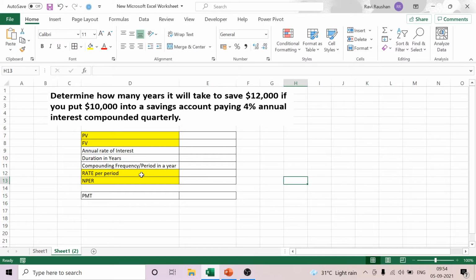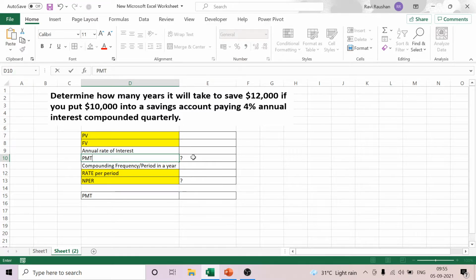Now they are basically asking for duration in years. So to calculate duration in years, you'll have to calculate the NPER. Remember that. So what I will do, I will take PMT here right now, because that is not what I am supposed to calculate.